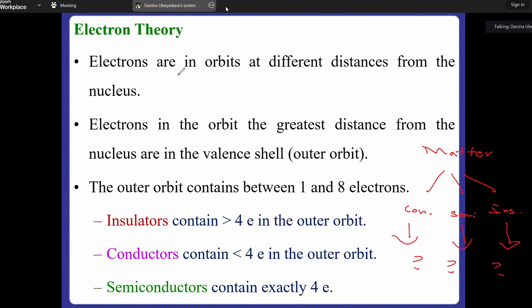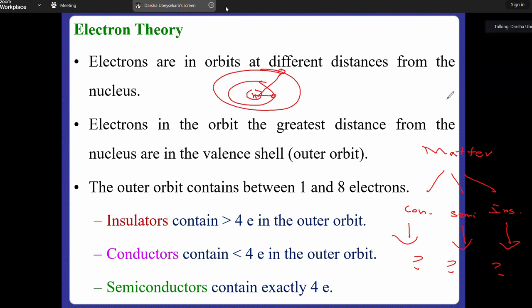Right? Electrons are in orbits at different distances from the nucleus. That means if your nucleus is like this, electrons are at different orbits, right? So different distances, no? This electron is this much distance from the nucleus, and this other electron is this much distance.